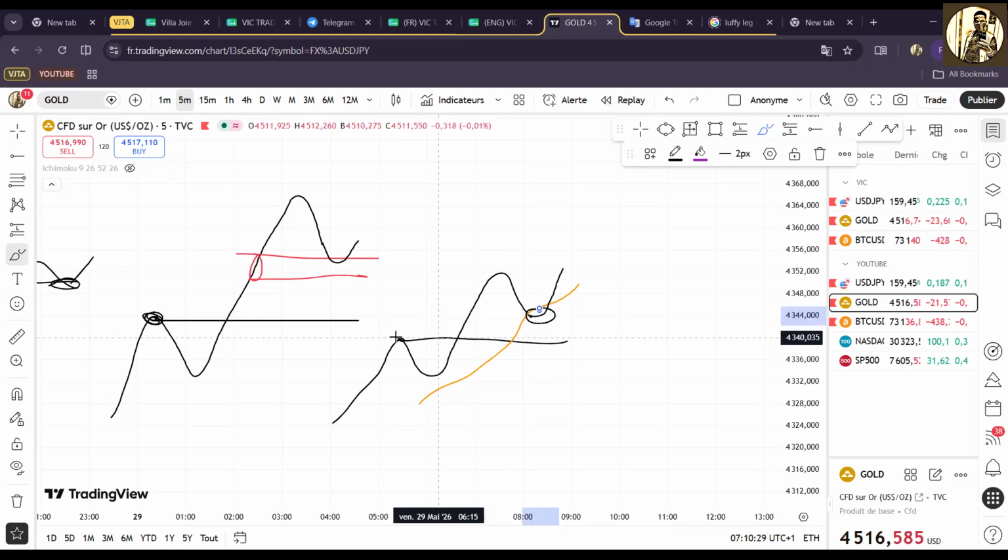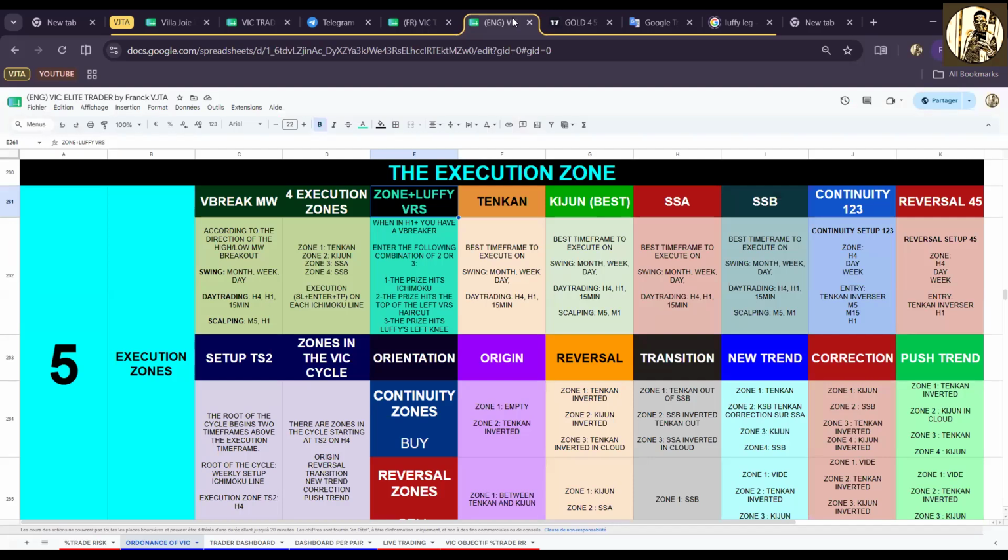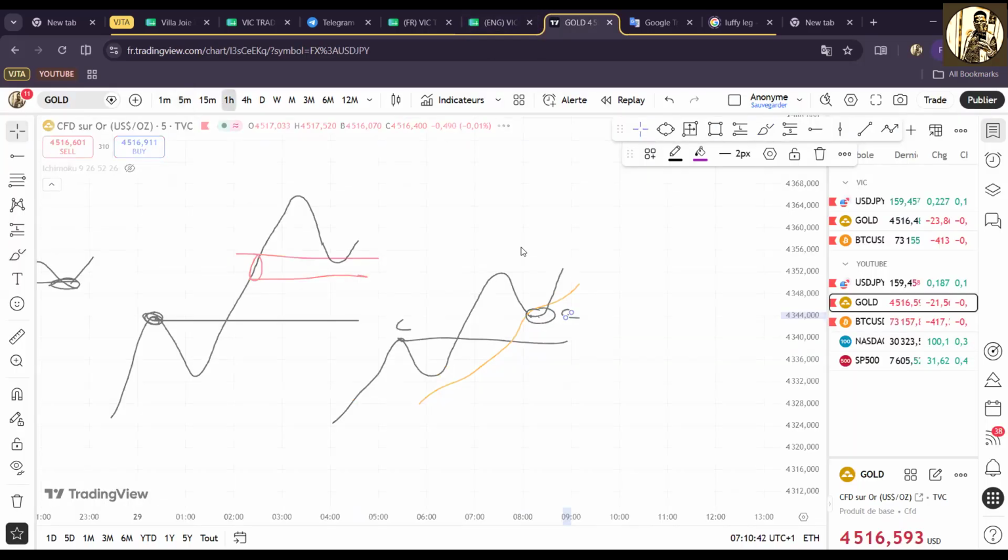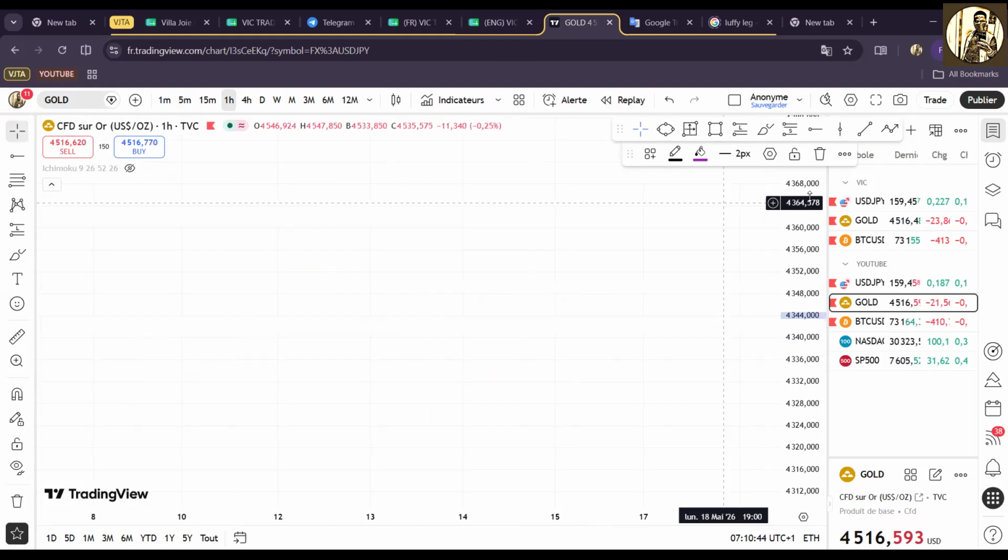Even if the price does not come back to the high of Mount Cameroon, the Tenkan line is touched, and then you enter there as a buy. So for these three possibilities, let me go on one and show you.